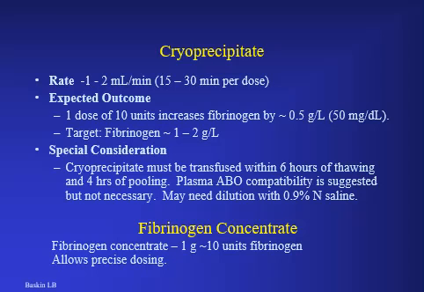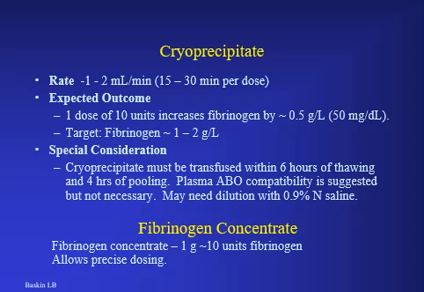The actual use of cryoprecipitate is decreasing because of the presence now of fibrinogen concentrates, and approximately 1 gram of that will be equal to 10 units of fibrinogen, and this provides the identical product without the volume and allows for precise dosing.